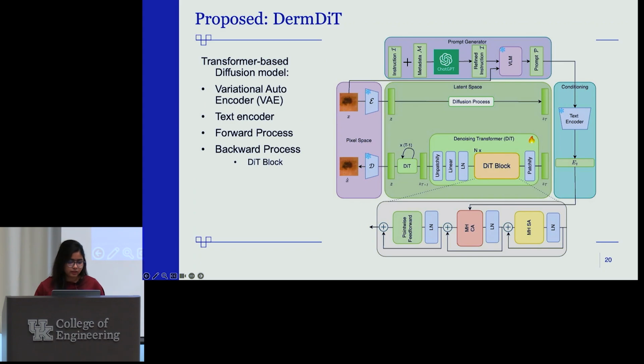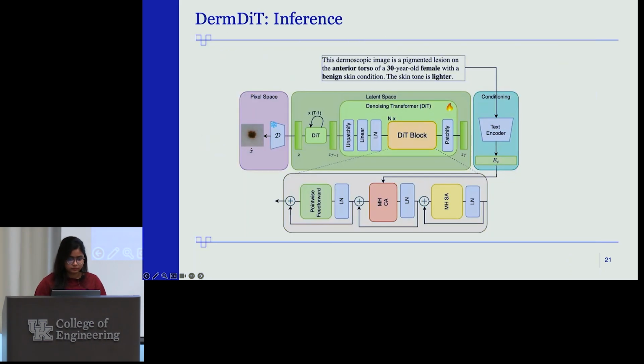So this is my DermDiT architecture to generate new dermoscopic images based on the text prompts generated by the vision language model. That was the training process. During inference, we want to generate more dermoscopic images. For doing that, we need to generate a text prompt that will have the metadata information.